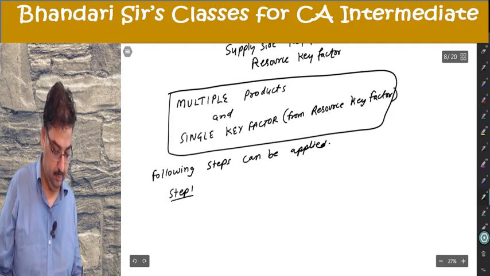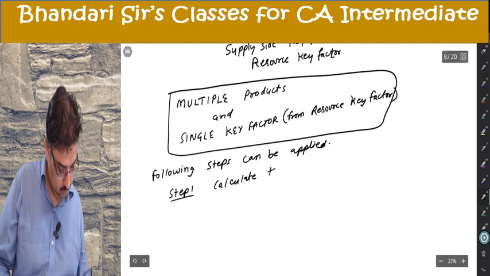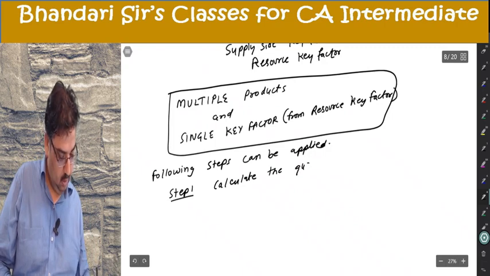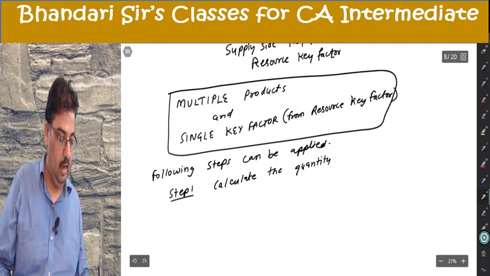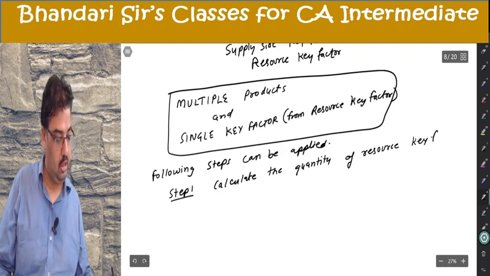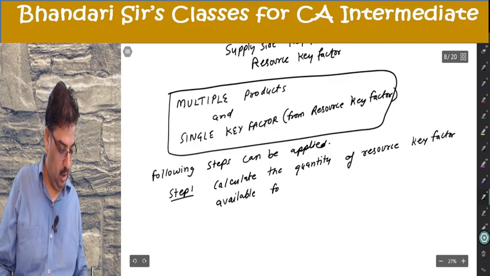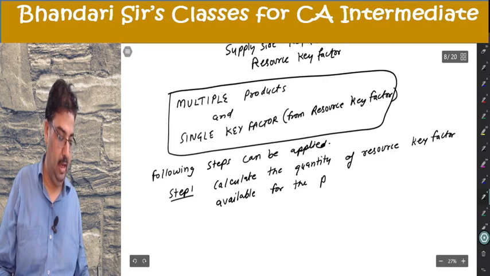Step 1. Calculate the quantity of resource key factor available for the planning period.